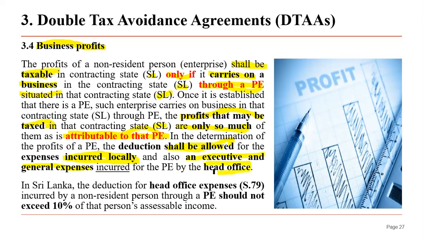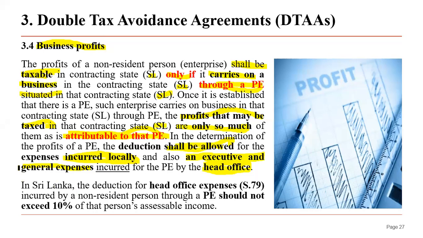That cost also they can deduct in general terms. Several treaties allow head office expenses attributable to this PE to be deducted. Executive and general expenses, there may be management fees, there may be reimbursement of other expenses they have incurred which are attributable to the Sri Lankan PE.